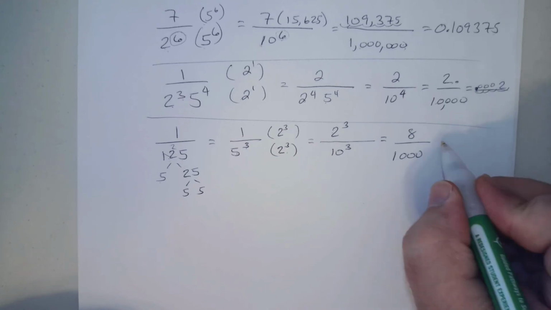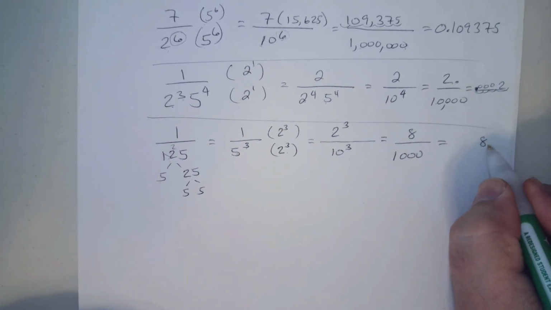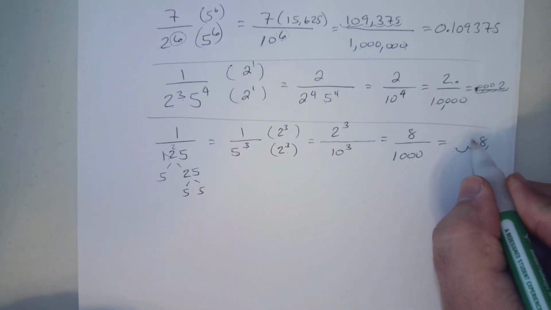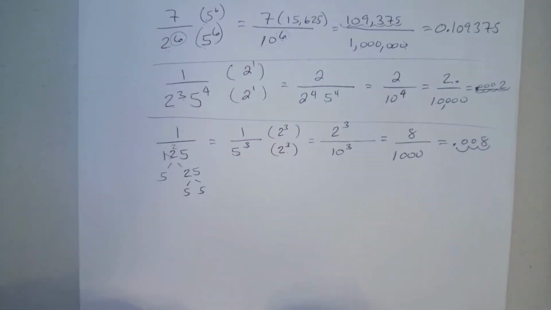And 3 zeros. So we have an 8. Move it 3 spaces to the left. So it's 0.008. So far so good.